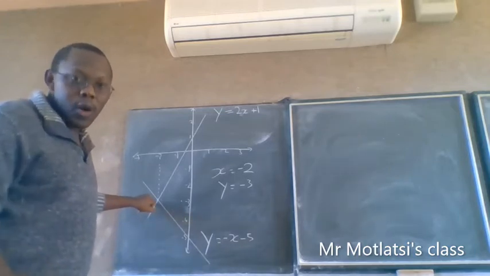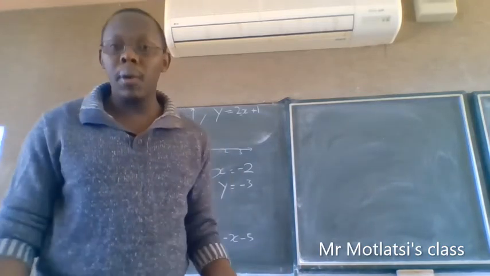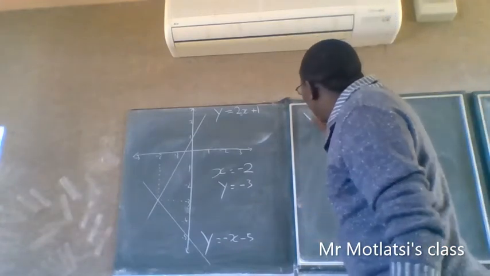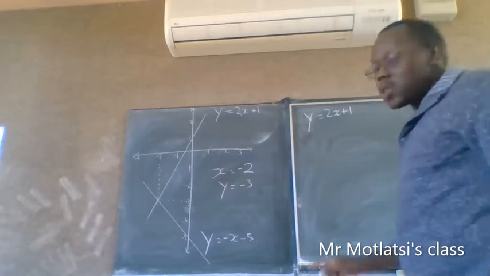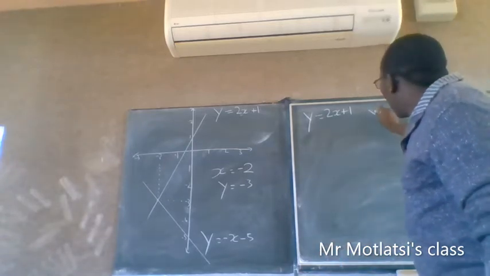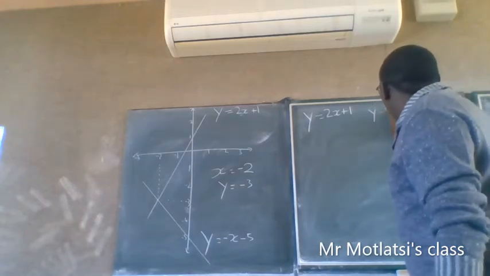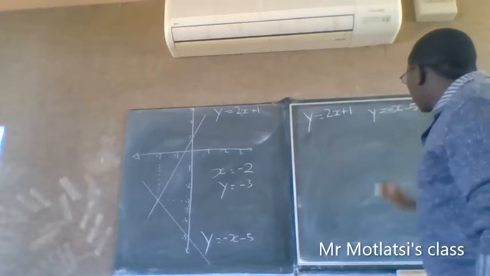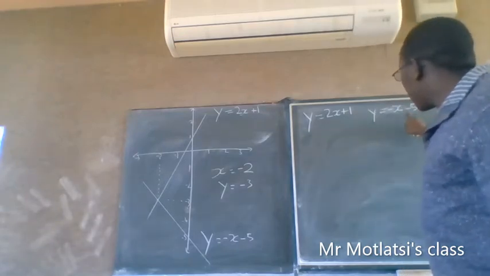Can we prove this? Of course we can. Let us try to solve this the normal way. We have y equals 2x plus 1, and our other equation is y equals minus x minus 5.